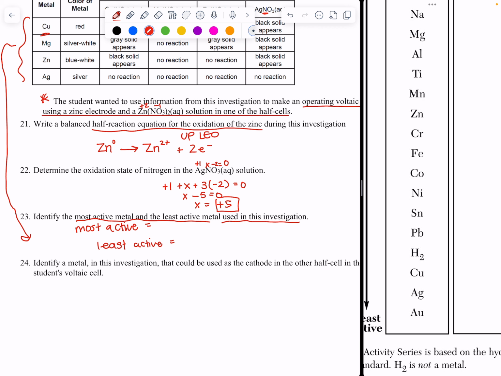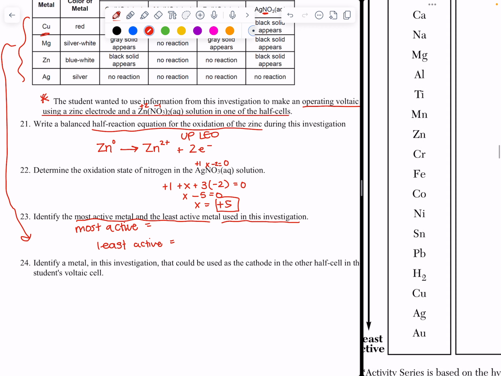Copper is very low, so that one might be the least active metal. What's next? Magnesium is up on the top. Zinc is below magnesium, so magnesium is still the highest. Silver, oh, silver's all the way at the bottom. So it looks like magnesium is the most active and the least active would be silver.